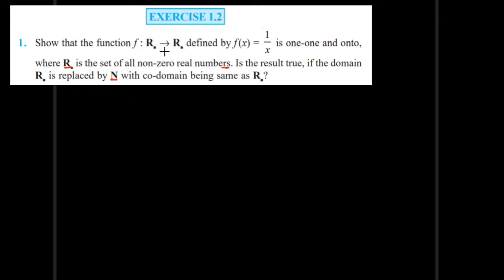So this is the two parts of the question. First part: we have to show this function is one-one and onto. Second part: if the domain is replaced by N, then check whether this result is true.